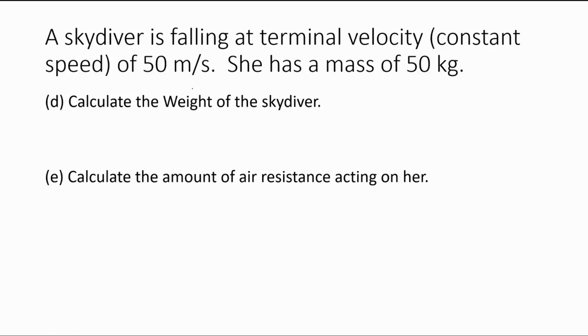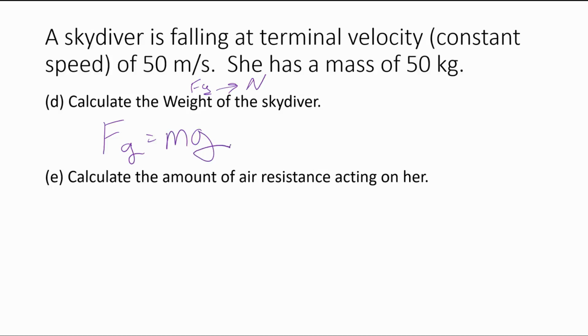So remember, weight and force of gravity are the exact same thing, and that is measured in newtons, not pounds in this case. Weight and force of gravity can be measured in pounds in the English system, but here we're using metric, newtons, and that is not mass, okay? So we have force of gravity.